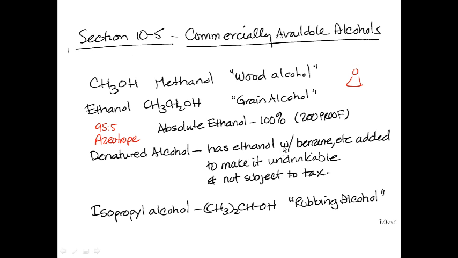The reason that we use denatured alcohol is that if it's undrinkable, then it's not subject to tax. If it's drinkable alcohol, then it is subject to tax, and there's a whole lot of government paperwork that you have to do to have absolute ethanol. So what we find in the stockroom is actually denatured. That's what we use in the lab.